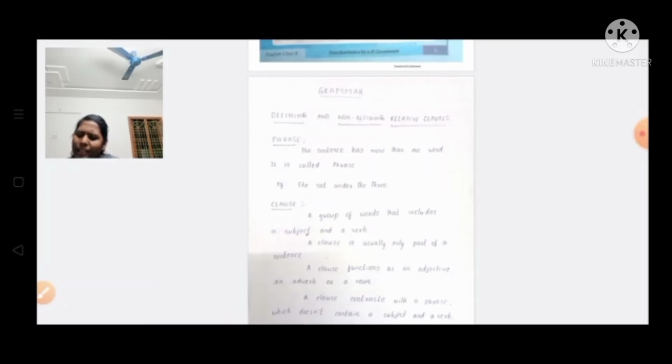A clause contrasts with a phrase, which does not contain a subject and a verb. Example: he saw a man who was trying to cross the road.